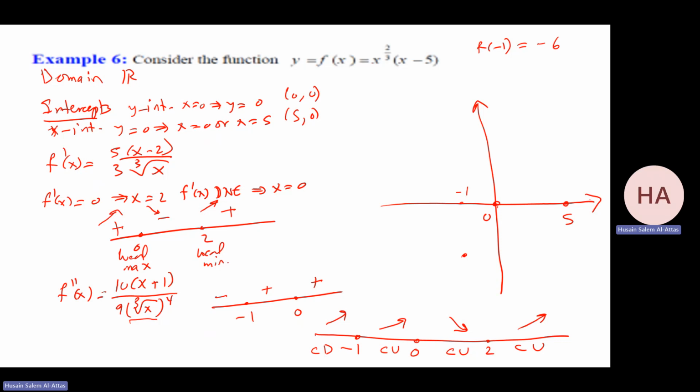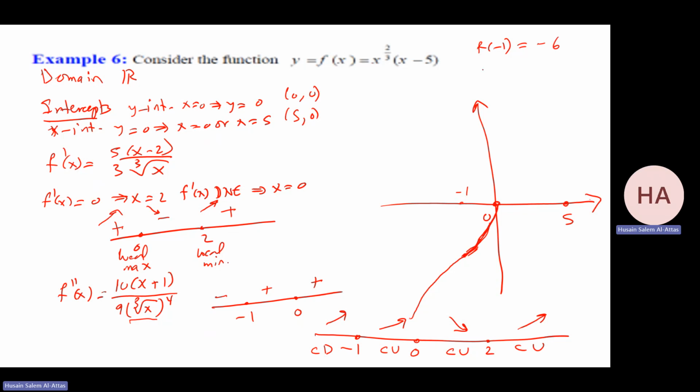Where it will change concavity. It's increasing, but it was concave down. It was doing something like this. Then it will change to concave up, something like this. Okay. After that, it's decreasing and concave up, decreasing and concave up.